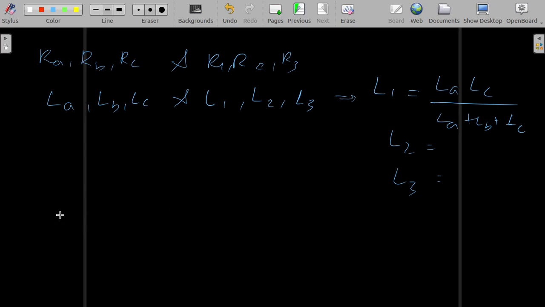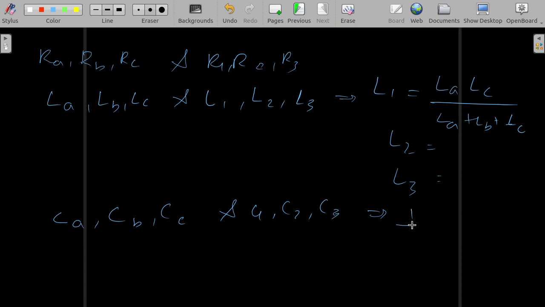Similarly, if it were CA, CB, CC and C1, C2, C3, we cannot write directly like that. Remember, capacitance we are taking as sort of the inverse or opposite of inductance and resistance.